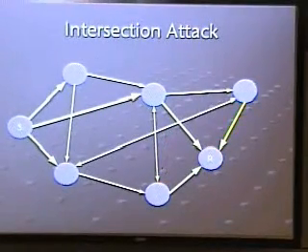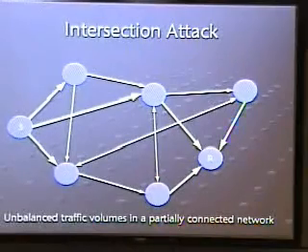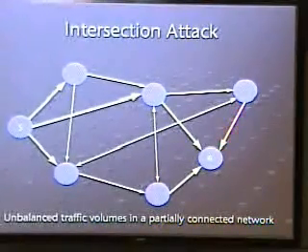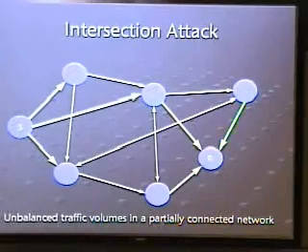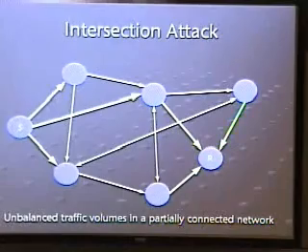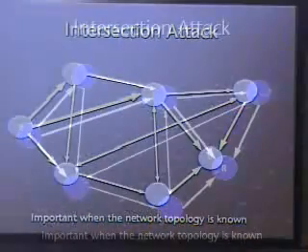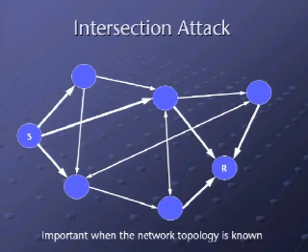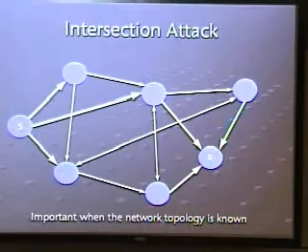And using this attack, we have this problem of unbalanced traffic volumes in this partially connected network, so that any node could determine how close it is actually to the sender or the receiver. And this is important when the network topology is known, especially if the tomography attack would succeed.